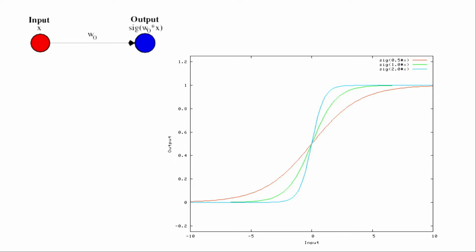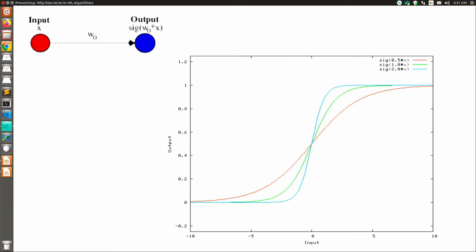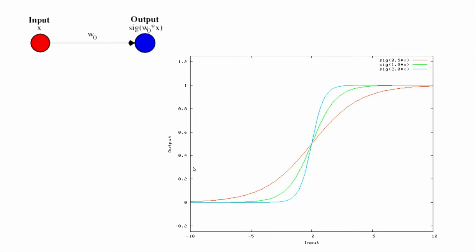On the bottom right, we see the graphical representation of the function, where the x-axis presents the input value and the y-axis presents the output value. The graph shows the various values that w0 can take and how that affects the final output. For example, if I give 0.5, 1 or 2 as the weight values, then that's how the curve changes.